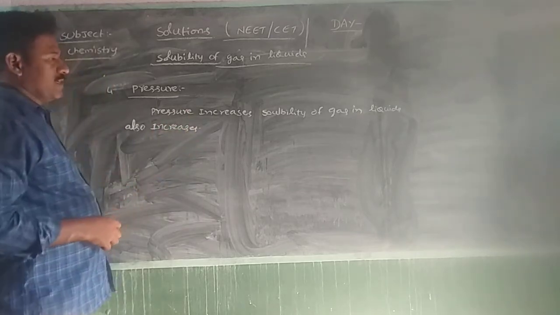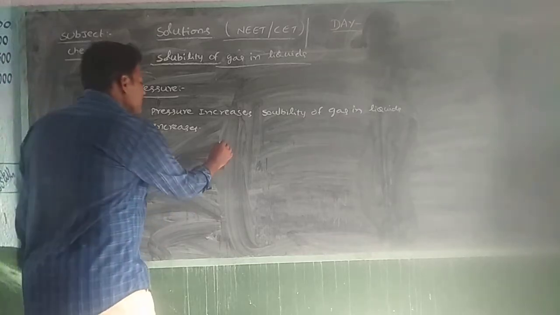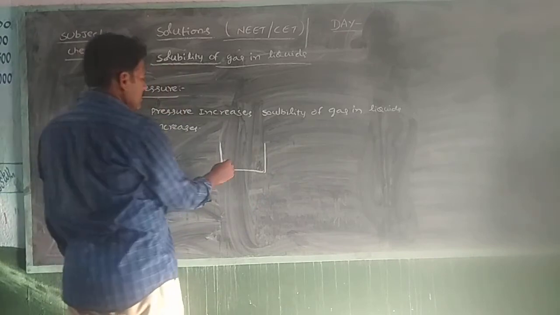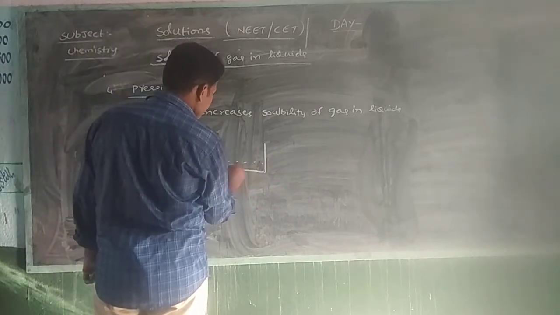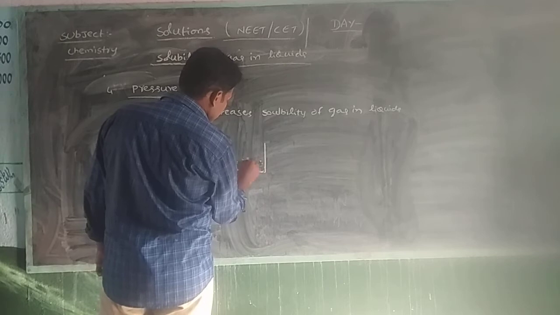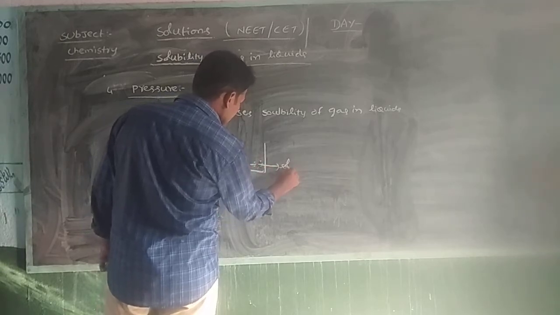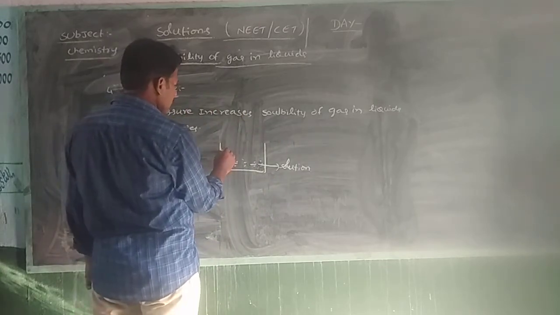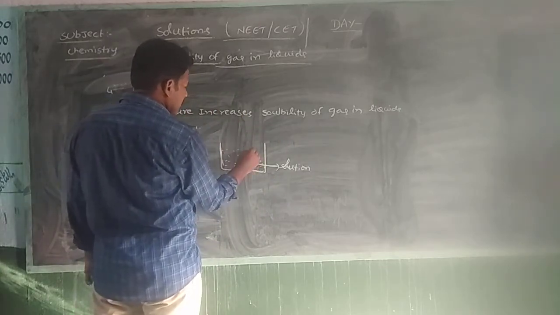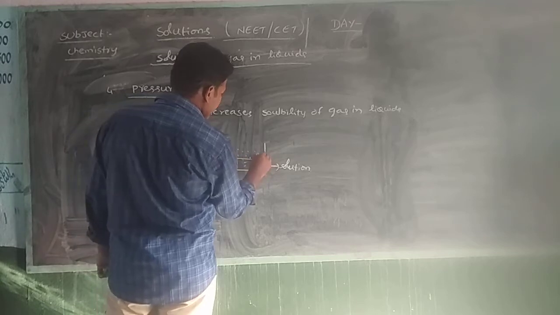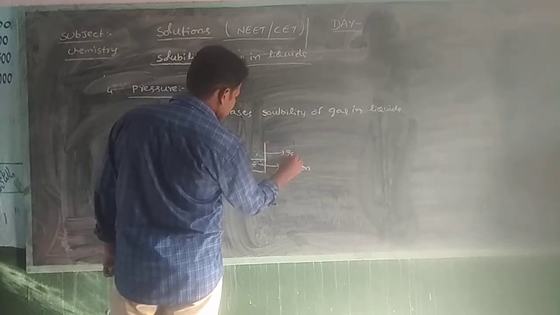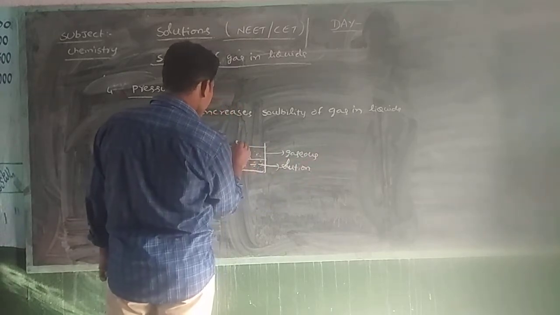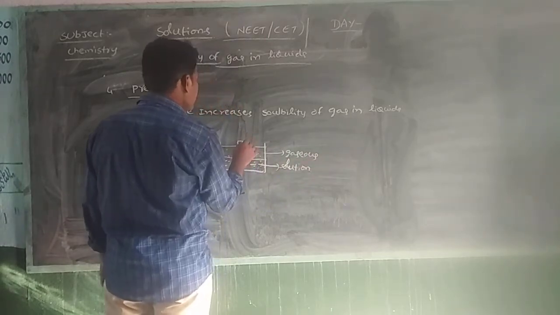Some explanation is there. Suppose you take a vessel, and in the lower part is a solution and the upper part is a gaseous system, and suppose you put some weights on it.